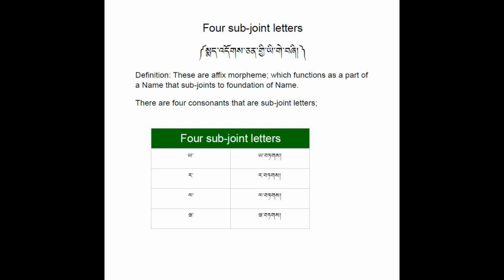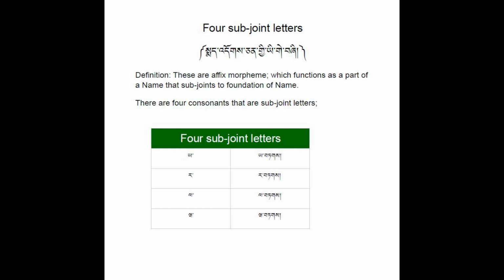Me tok: me meaning below or sub, tok meaning to join from below, chen meaning possessing. These are the four consonants which can be used as subjoined letters, and these four consonants are ya, ra, la, and wa.